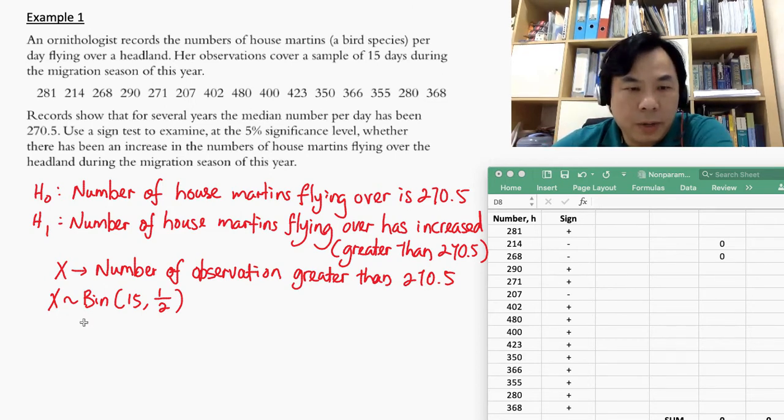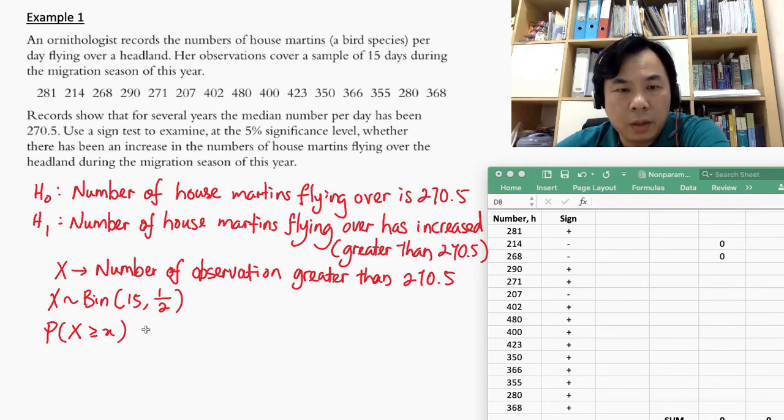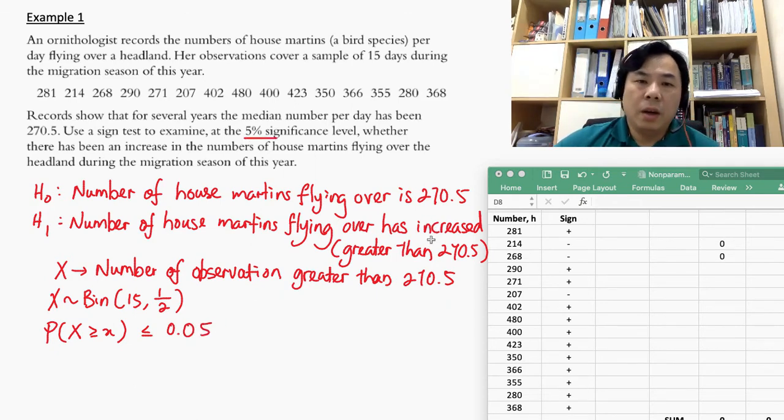Therefore, at this point of time, what we are interested to find is, in this case, it will be here. So I'm going to show you using trial and error methods here. The function here would be that x must be greater than x, and then this region must be less than 0.05, since our significance level is 5 percent.